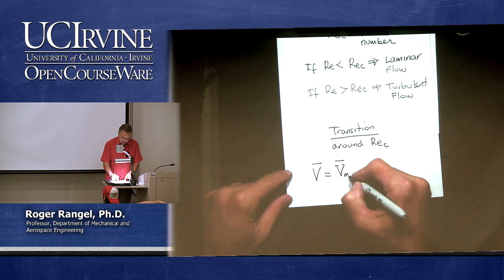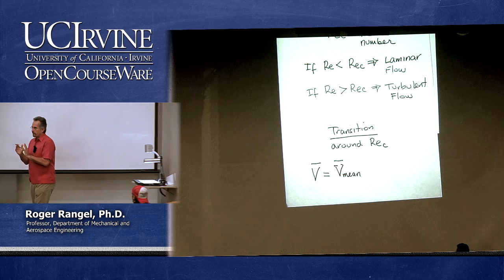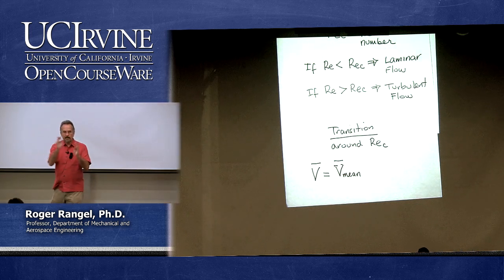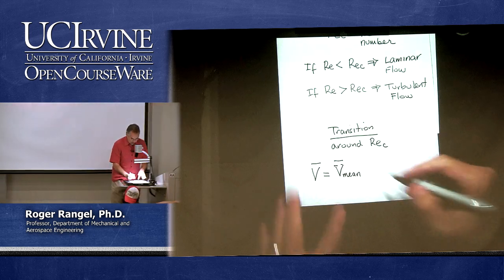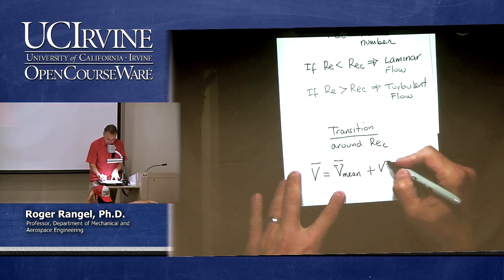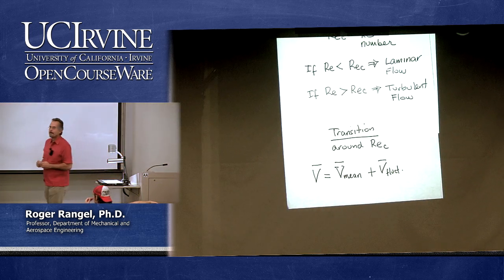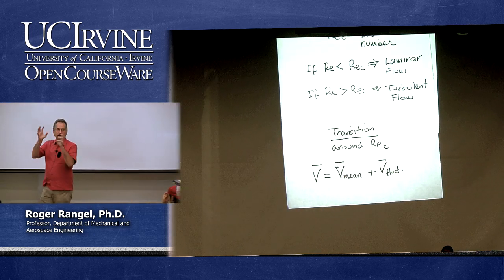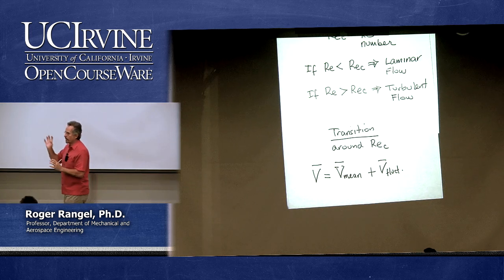I'll have a mean part of the flow. So the flow is completely unsteady, but there is a mean part to it and a fluctuation. So I construct my flow field as having two parts, a mean part and a fluctuating part.